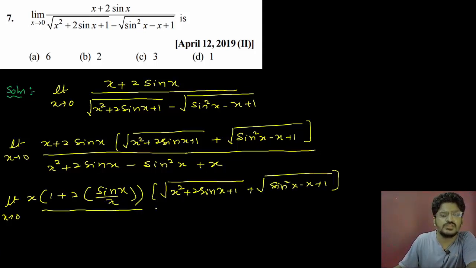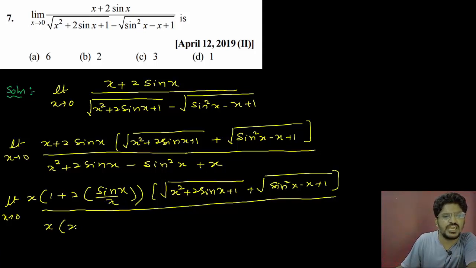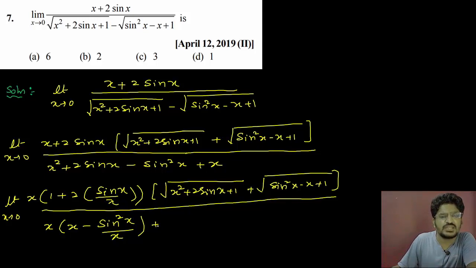For the denominator, you can see x square and sin square x. From that I will take x common, and I get x minus sin square x divided by x. The remaining term is x plus 2 sin x, where I take x common there also, so the remaining term is 1 plus 2 times sin x divided by x.